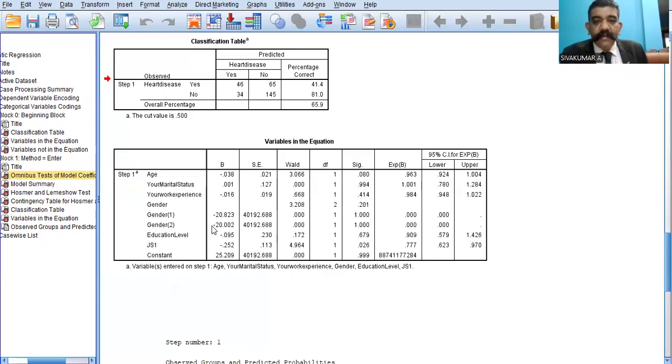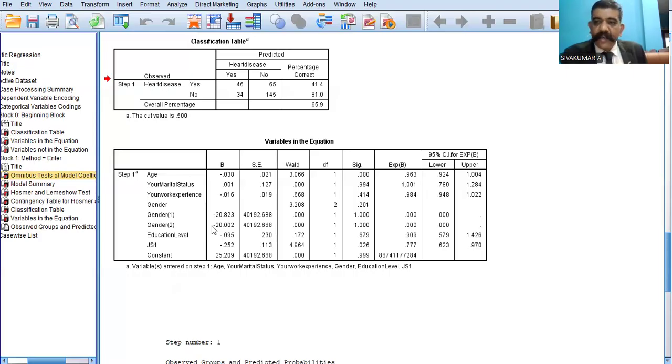Here you can see the first one is not a good predictor. Second one, not a good predictor. Third one, not a good predictor. Fourth, fifth, sixth. Apart from job satisfaction, all other independent variables are not significant here.